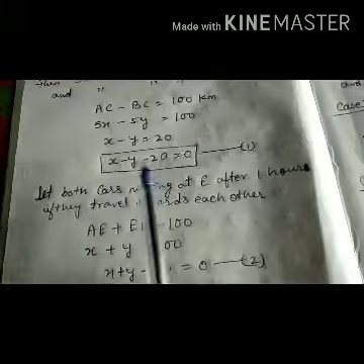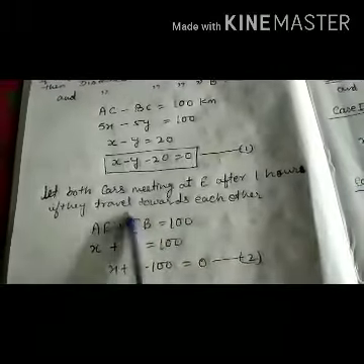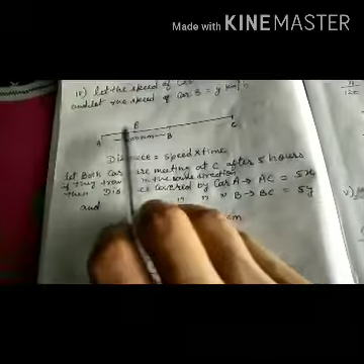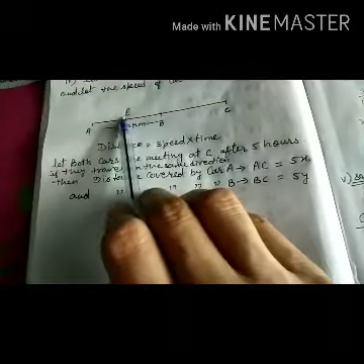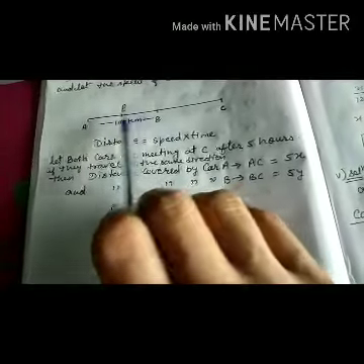The second condition: let both cars meet at E after 1 hour if they travel towards each other. Now both cars are moving towards each other. A is in this direction and B is in this direction, and after 1 hour they meet at point E. The distance between A and B is 100 km.